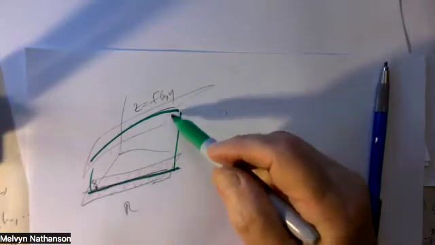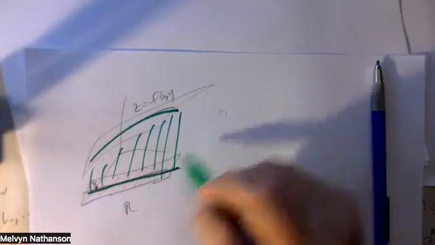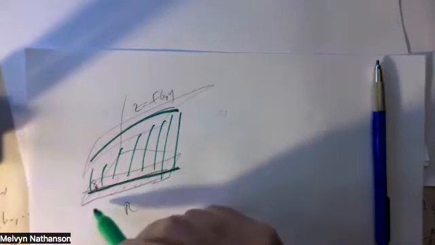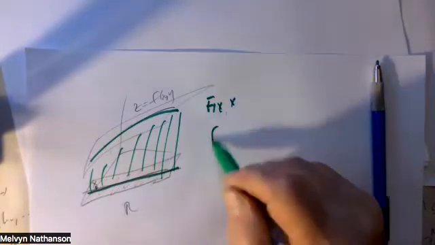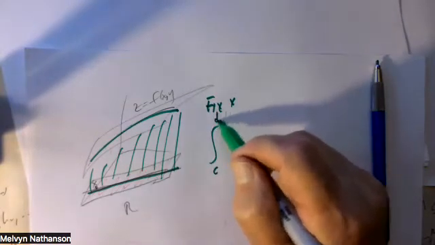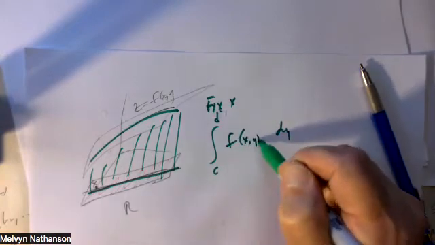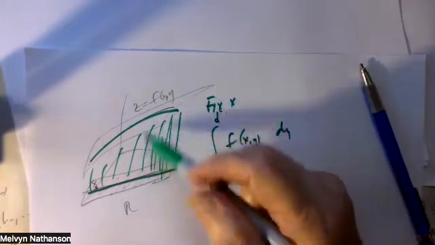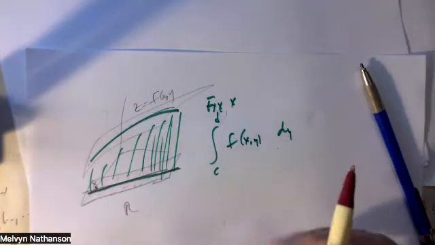And over this line, the area under this curve is, I fix x, the integral from c to d with respect to y of my function f of x, y. That's that cross-sectional area. And if I integrate this, this is a function of x.